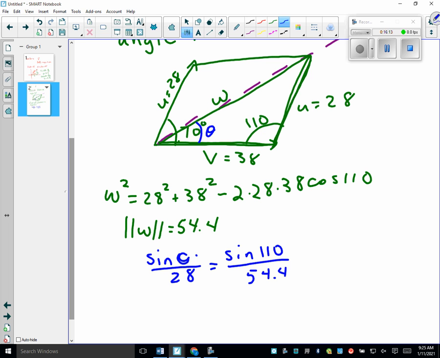Is it 28.1? Is that what you got? I think so. So, my magnitude was 54.4, theta was 28.9 degrees.